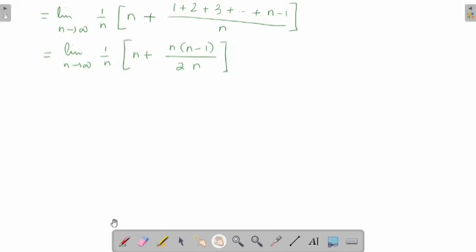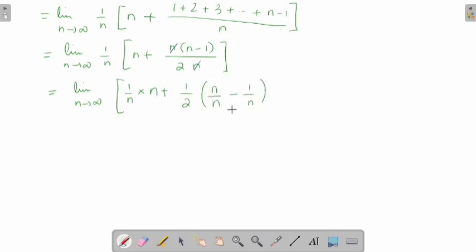See here carefully. I see that a few things are getting cancelled. For example, n gets cancelled. Now let's take this 1 by n inside. So it becomes 1 by n into n, plus, keeping the half here, can I write this as n by n minus 1 by n?